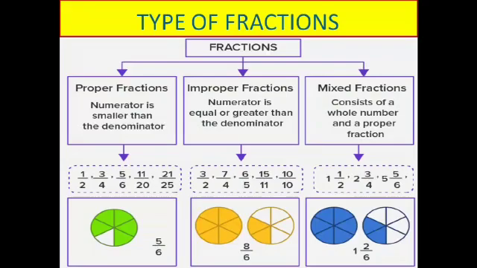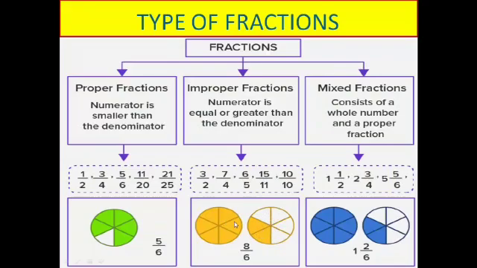Now, in improper fraction, we have one or more whole parts and the remaining parts are represented as the part of whole. This is one complete circle with 6 parts, and I have one more circle with 6 parts, and out of them only 2 are shaded.